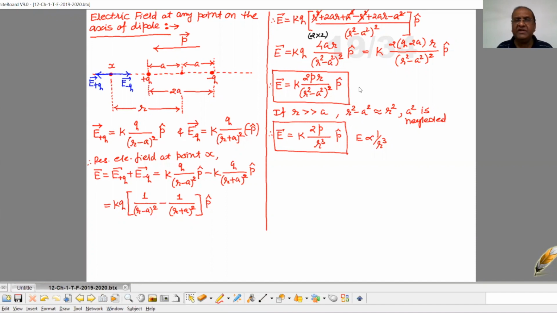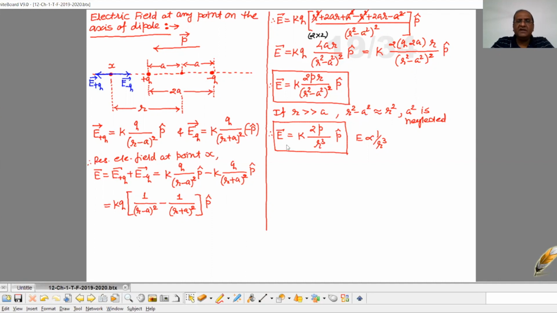But suppose here we consider one special case in which r is very much greater than a. Then in that particular case, we can write r square minus a square as nearly equal to r square. Now, here we can neglect a square.